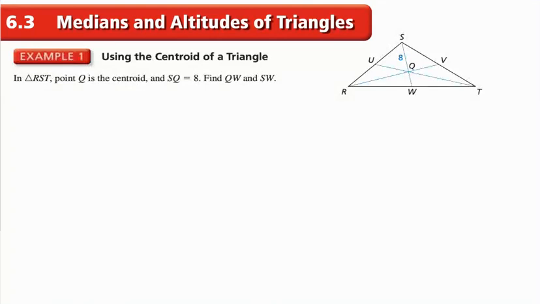So our first example is a numeric example. It says in triangle RST, point Q is a centroid, and they're telling us that SQ is 8. So the first thing you should notice is, well, Q is a centroid, and SQ is the distance from the vertex to the centroid. So hopefully you say that's 2/3 of the median. What segment is the median in this part that I've highlighted? Well, you would say that's SW.